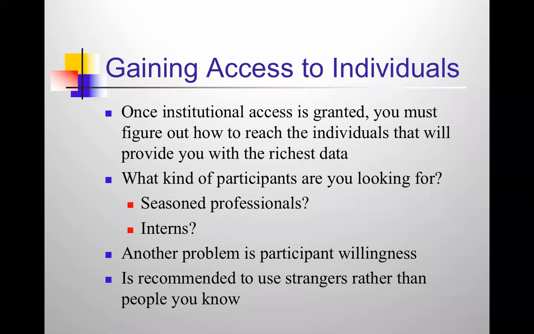Gaining access to individuals: once you get into the institution and you're allowed to seek out participants, you need to ask which individuals of this institution are going to best meet the needs of the study.